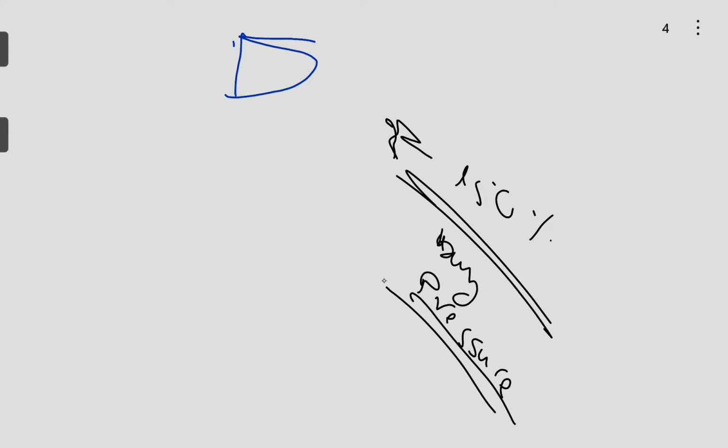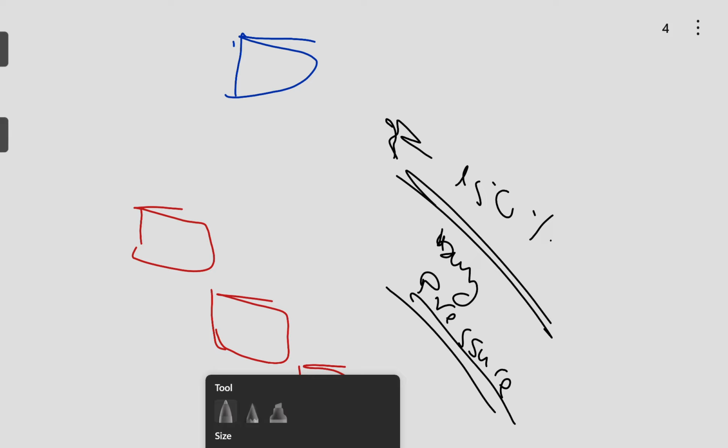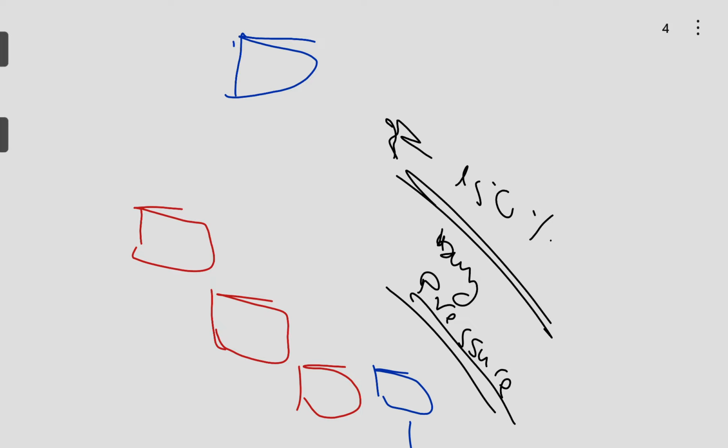Usually when you see a blue candle at the bottom, after a big succession of red candles, and you see a green or a blue candle at the bottom, that's actually a sign of a reversal.